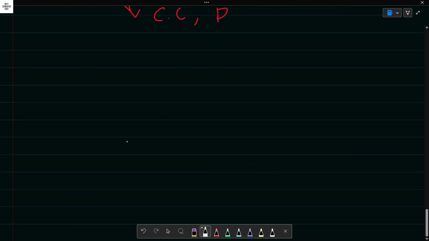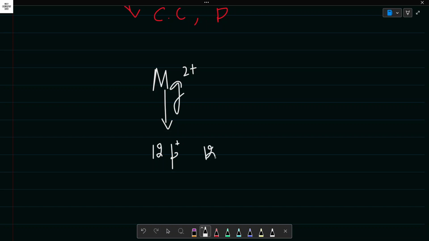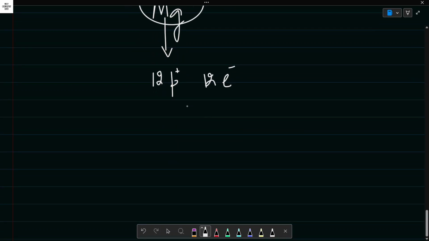For example, let's take an example of it. For example, there is Mg2+. A neutral Mg will have 12 protons and 12 electrons. But Mg2+ will have only 10 electrons.